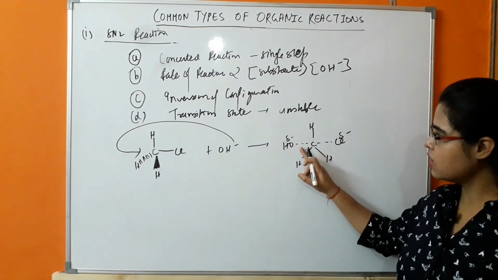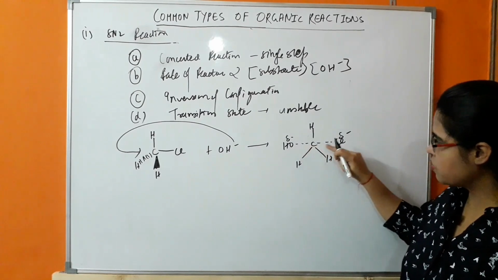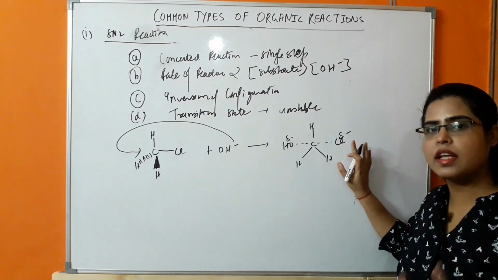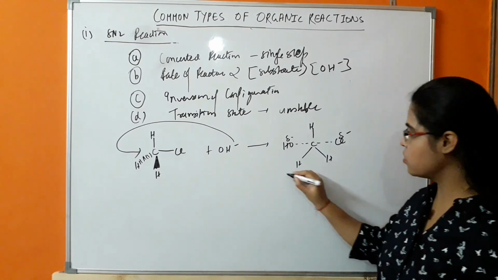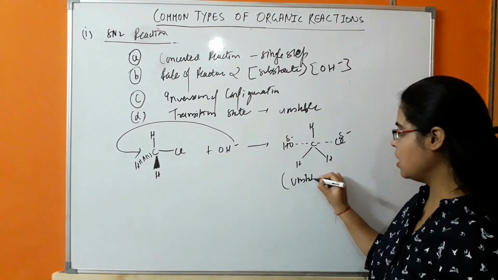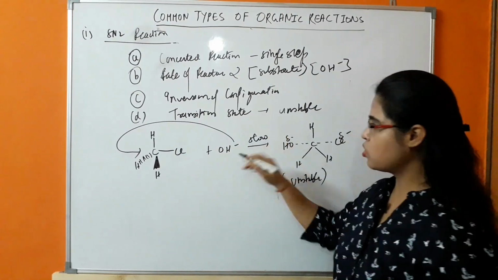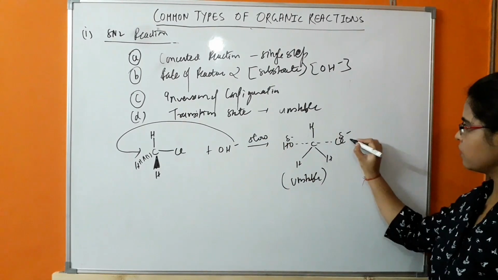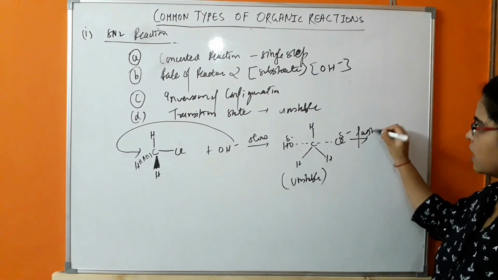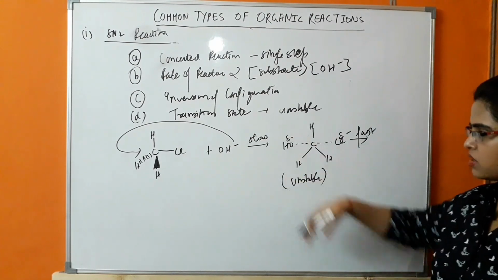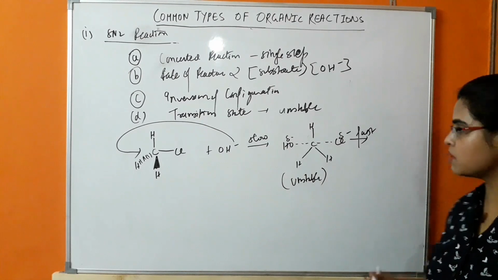In this transition state, the bond length, represented by the faded line, is longer than the normal bond length. Because of that, it is highly unstable. This is a slow step, and the reaction then proceeds very fast because the transition state is highly unstable.